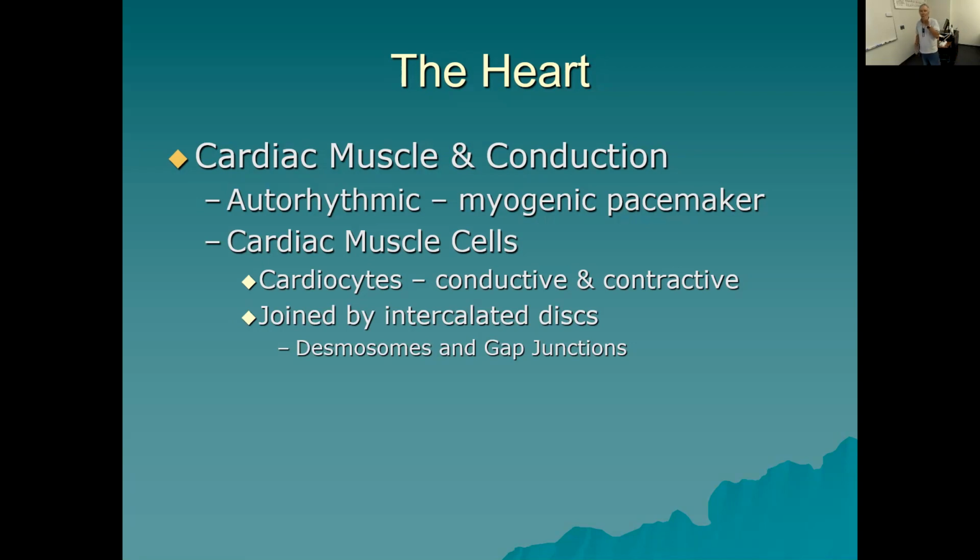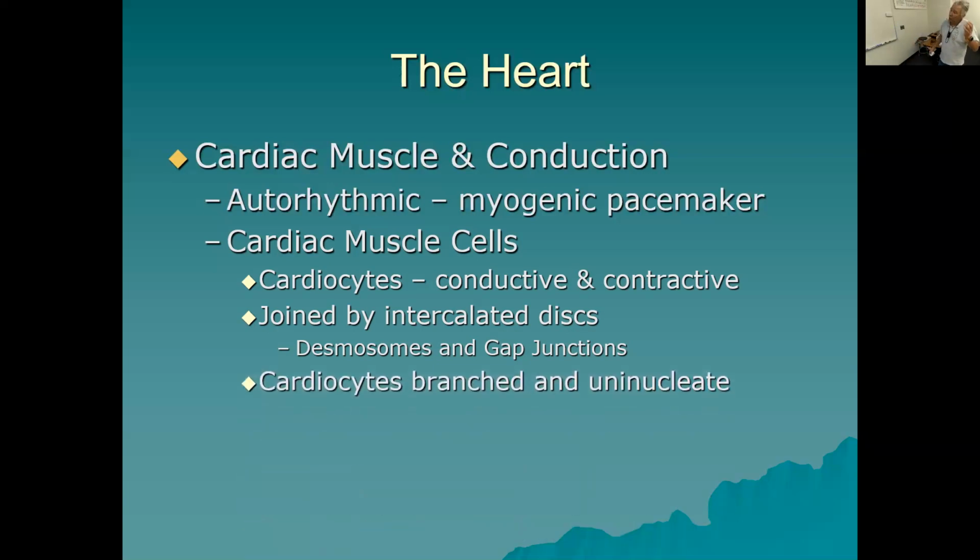They're a direct connection between the sarcoplasm of one heart muscle cell and the sarcoplasm of its adjoining heart muscle cell. So ions can flow directly between two heart muscle cells through the gap junctions. So they're electrically connected to each other. It's not a nervous connection, but it's still an electrical connection.